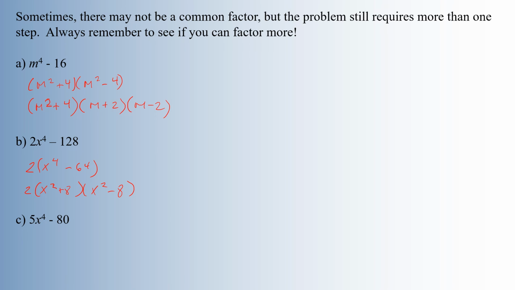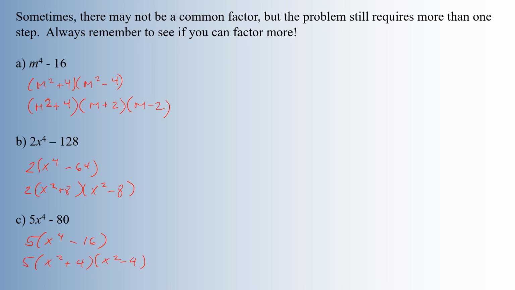And now question c. So we have 5x to the fourth minus 80. We'll take out the greatest common factor of 5. And we're left with x to the fourth minus 16. Now I'm going to factor the x to the fourth minus 16 to x squared plus 4 and x squared minus 4.